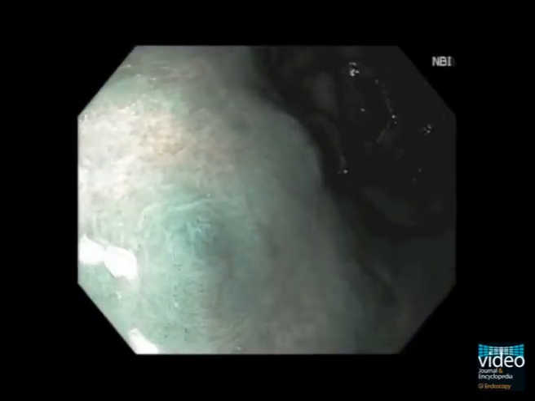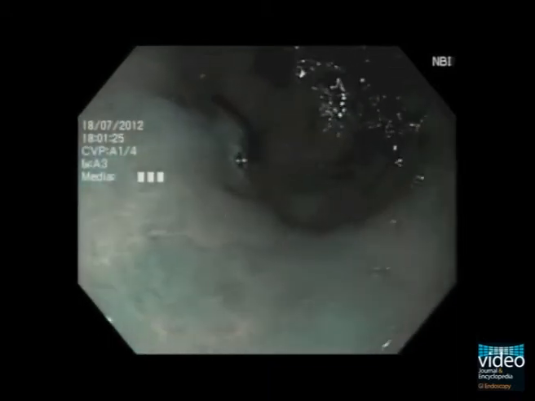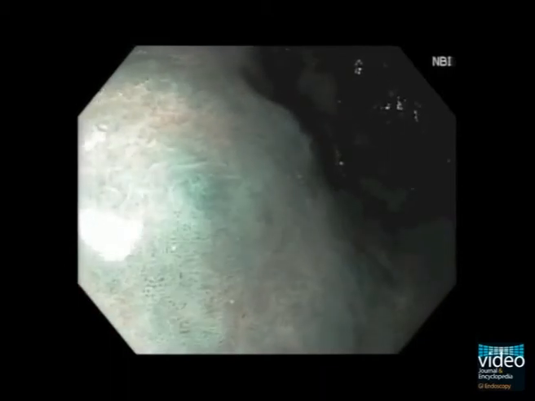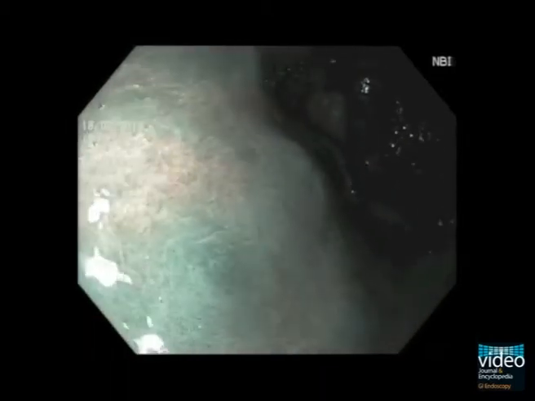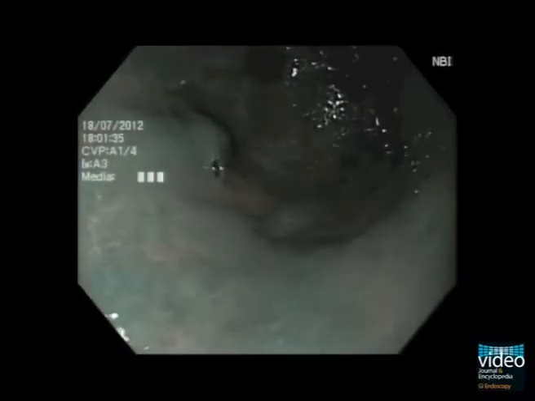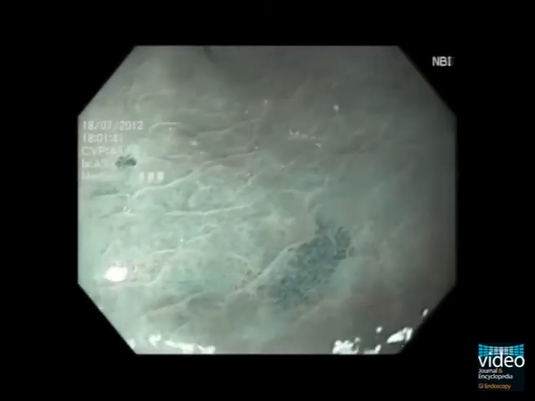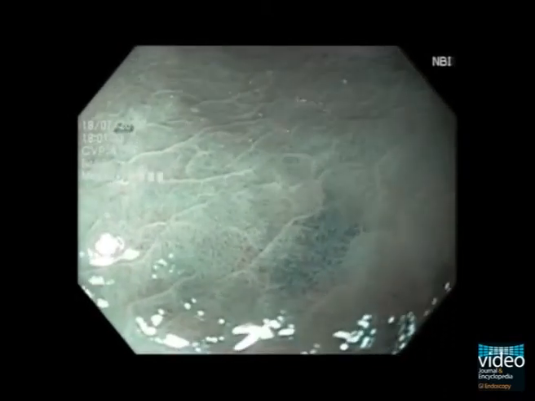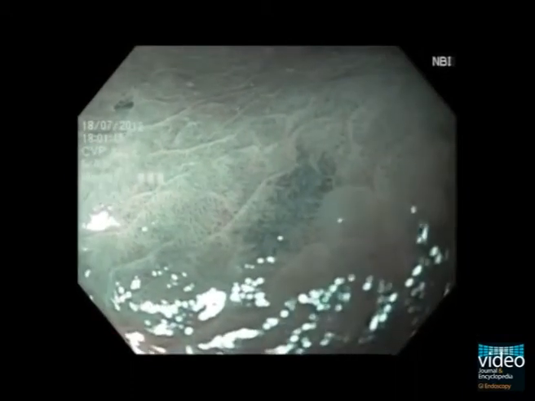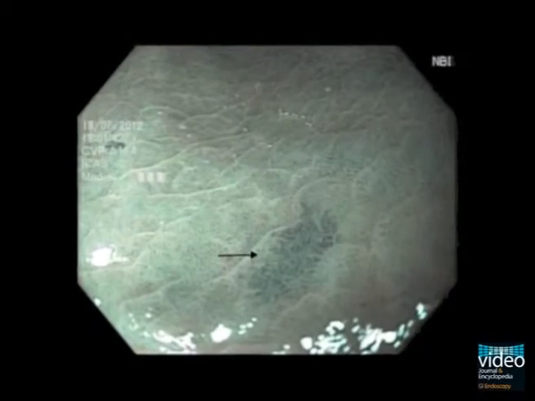Switching to narrowband imaging, a distinct flat lesion is seen at the antrum. The lesion is shown here as indicated by the arrow.